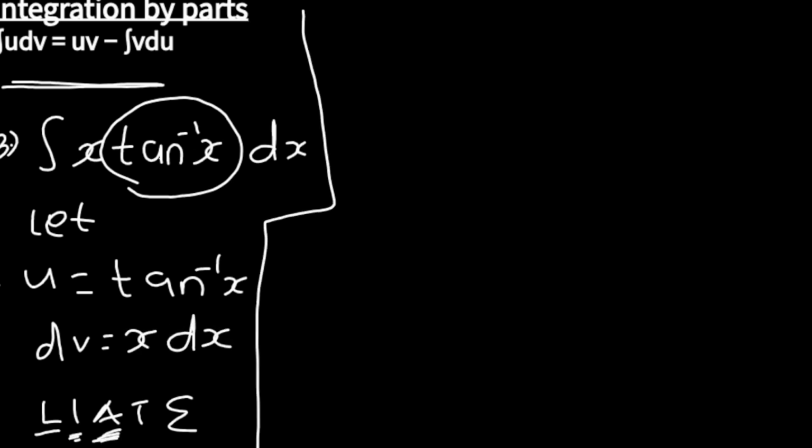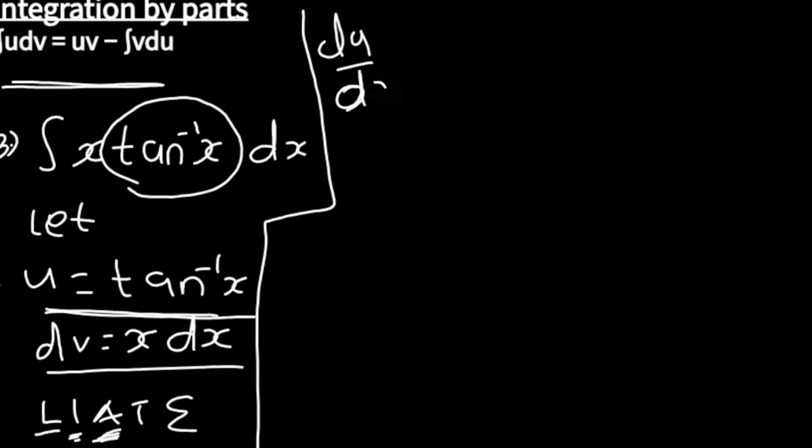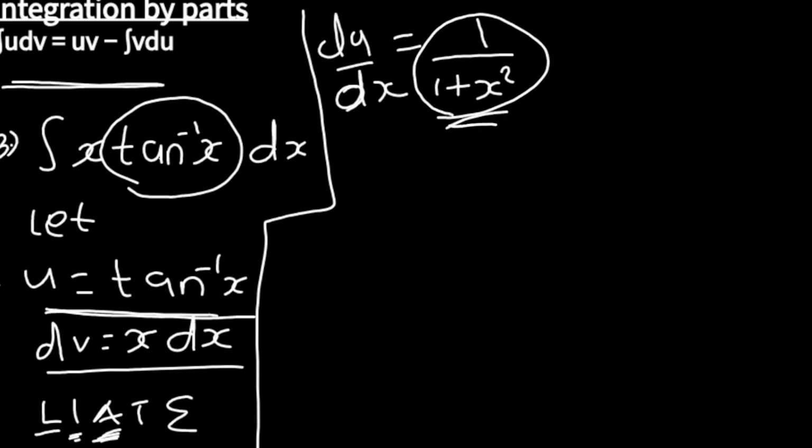The next thing is to find the derivative of u and the integral of dv. So the derivative of u with respect to x is going to be 1 over 1 plus x squared. Wondering how I got this?